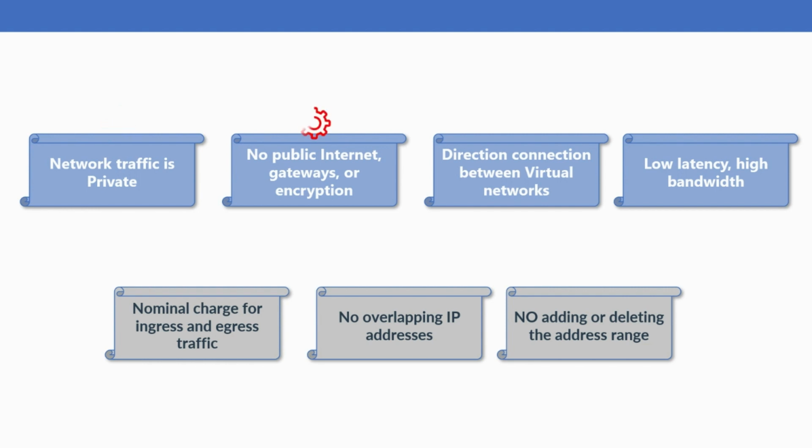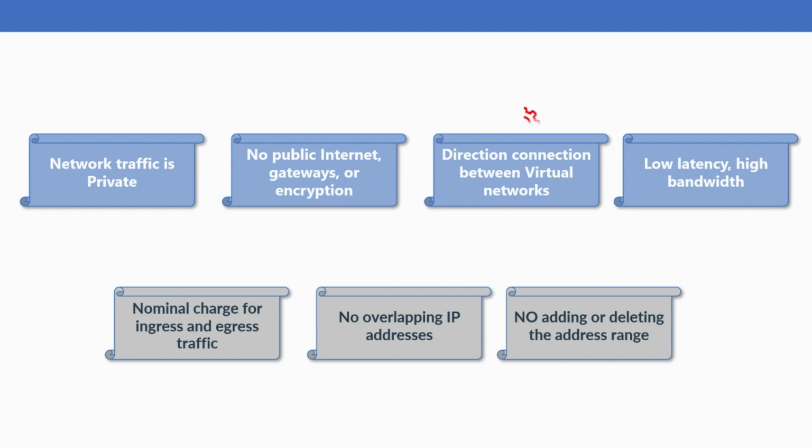Second one, no public internet, gateways or encryption is required in the communication between virtual networks when you deploy VNet peering. Third one, for peered virtual networks, resources in either virtual network can directly connect with the resources in the peered virtual network.